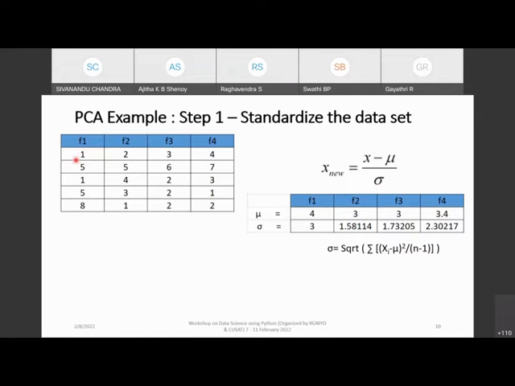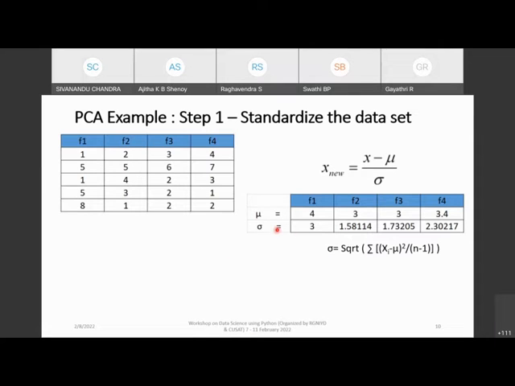I have taken only 5 samples from the population. If I take the entire population, then sigma is equal to square root of summation of xi minus mu whole square divided by n. For the entire population the denominator should be n, but since I have taken 5 samples, here it should be n minus 1.